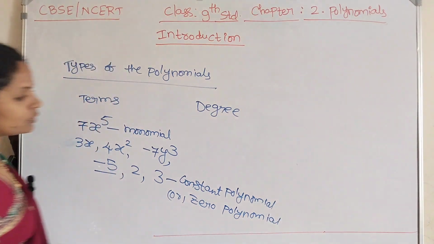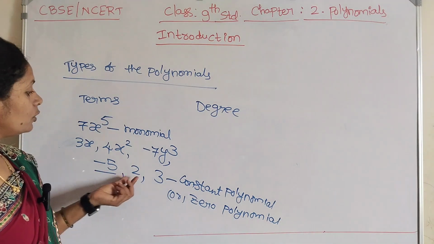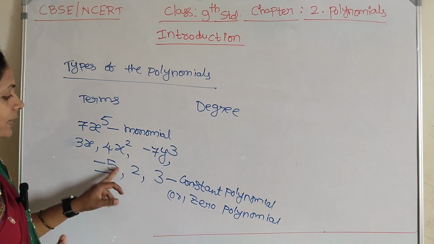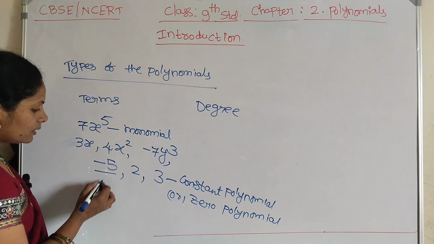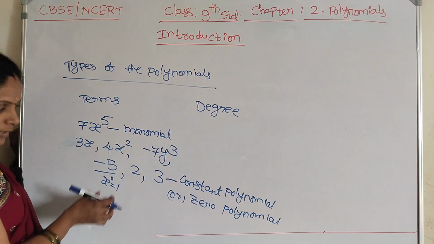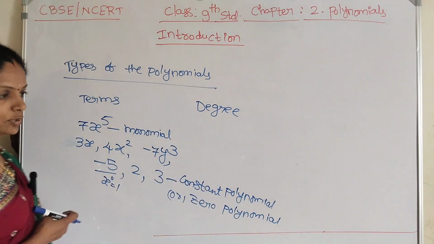Why it is called the constant or the zero polynomial: here there is no variable used, but we can assume any variable, x or y, and x to the power 0 means what? 1 only. So that's why we can say that it is a constant polynomial or the zero polynomial.